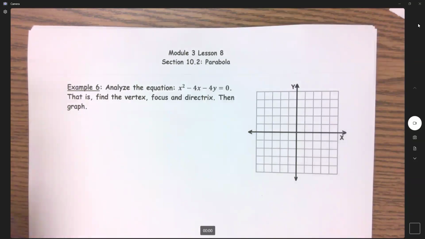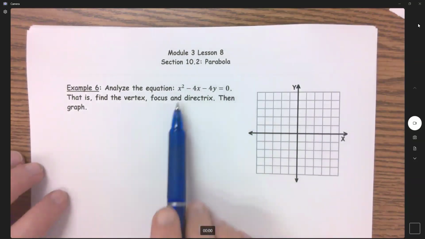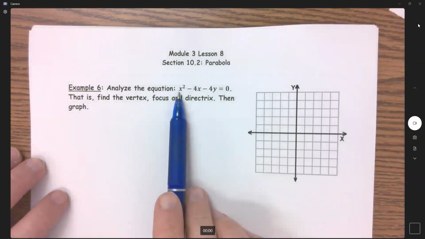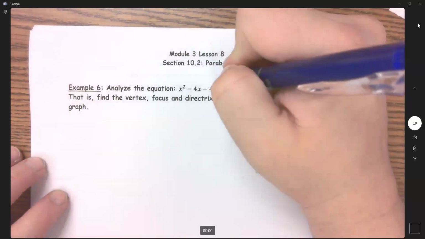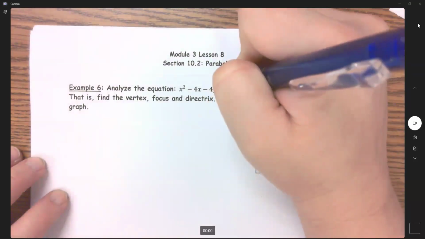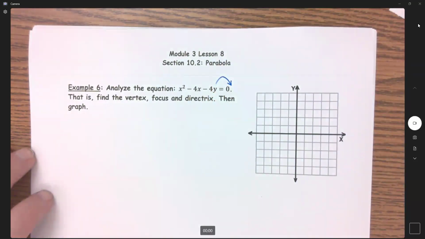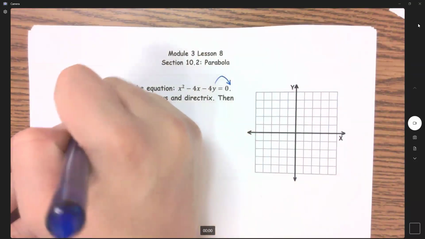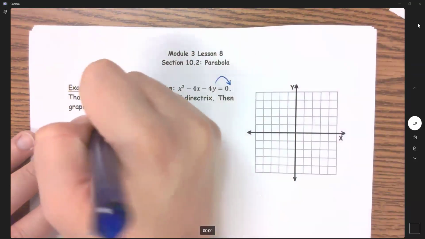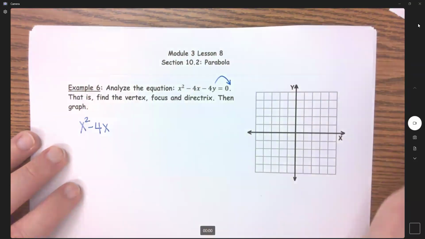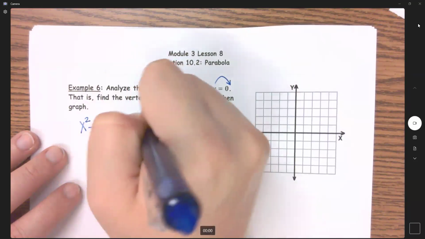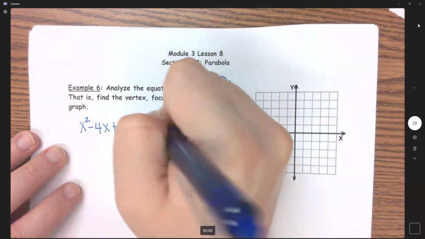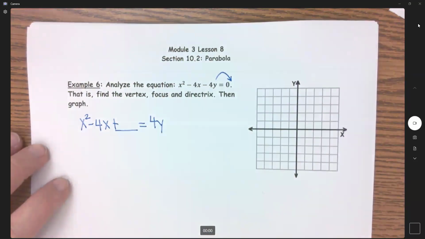By completing the square. So this time I can see I only have an x squared. So it means this negative 4y needs to get moved over as well. So I have x squared minus 4x, leave some room, equals positive 4y.